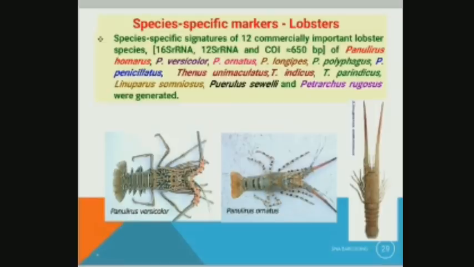Again, for high value groups of organisms like lobsters, a study was carried out at NBFGR to develop species-specific molecular signatures, so that in later stages they can be useful for identification. Three mitochondrial genes were used, 16S rRNA, 12S and COI, and barcodes were generated for the listed lobsters.